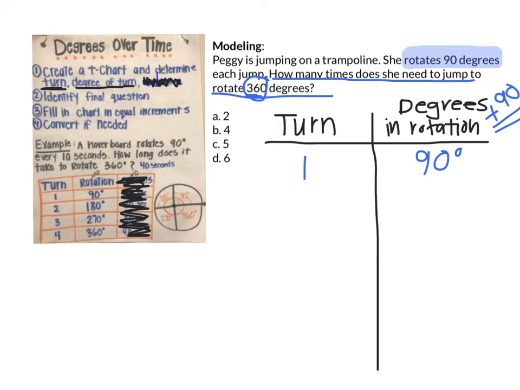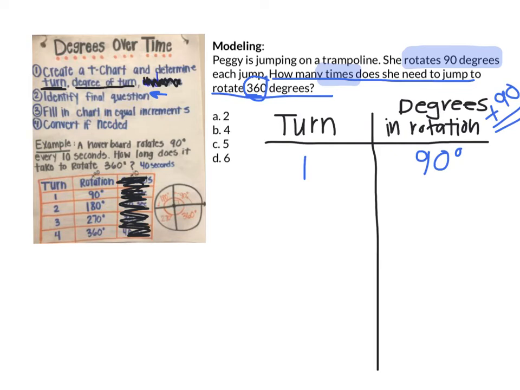All right, let's look at step 2 in our anchor chart. Step 2 tells me to identify my final question. Well, my final question asks me how many times does she need to jump to rotate 360 degrees?